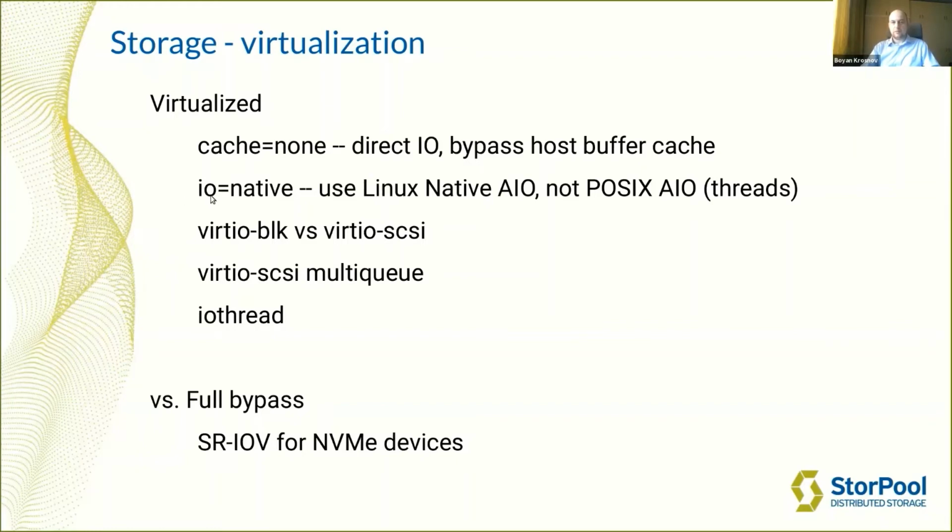It nowadays uses IO native, which is to use Linux native AIO instead of POSIX AIO, which is threaded IO. The driver, or virtualized device, we use for storage nowadays is virtio-block or virtio-SCSI. Both exist and they have some pros and cons between them.